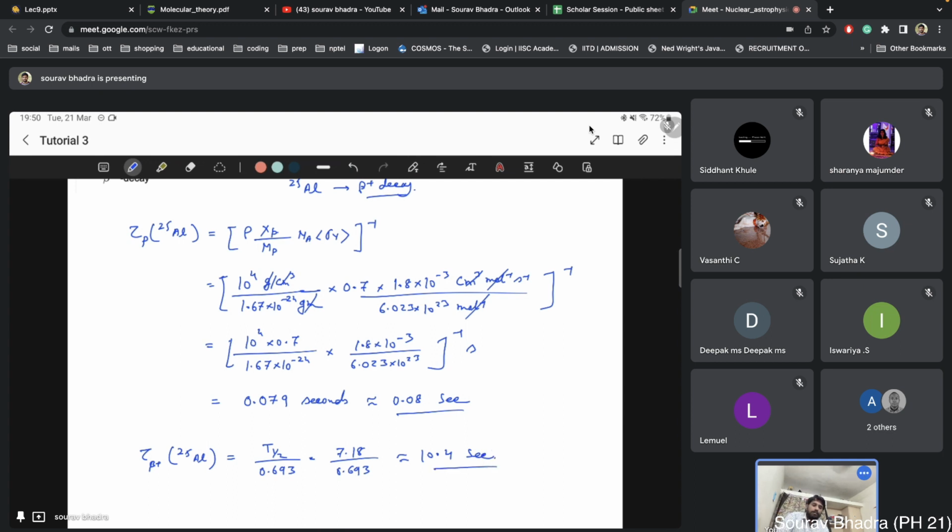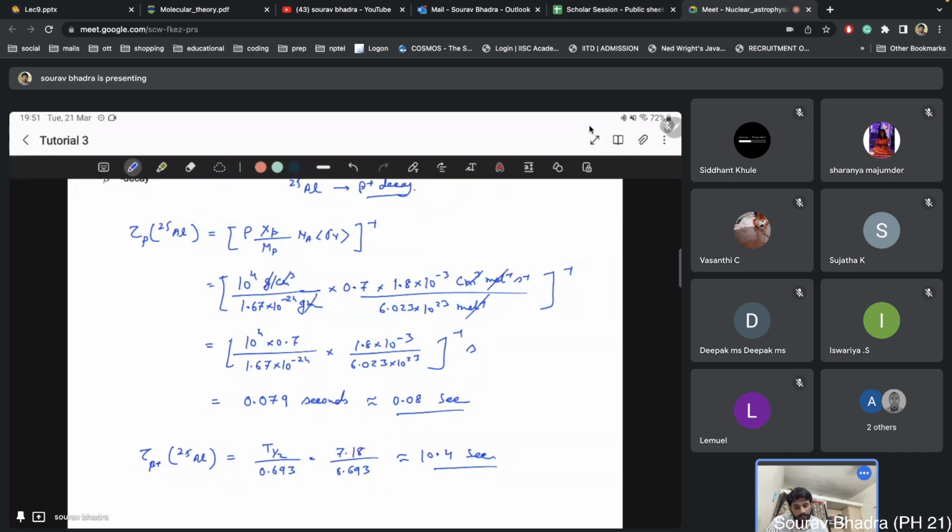So you can see that the mean life of the proton capture is much less than the mean life of the beta decay. That means the reaction that takes less time to occur will be dominant. It is like you want to go from point A to B. You have two roads, one takes you 8 minutes, one takes you 1 hour. You will choose the 8-minute one. This is the same analogy: the reaction with a smaller lifetime will occur very rapidly and will dominate the total process.